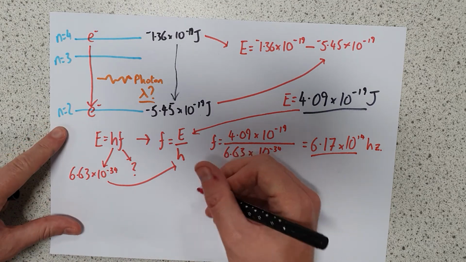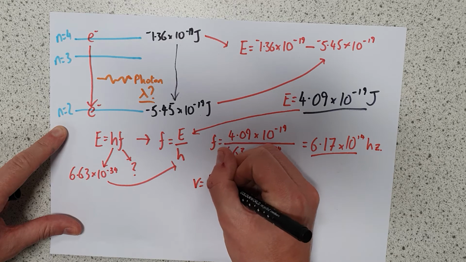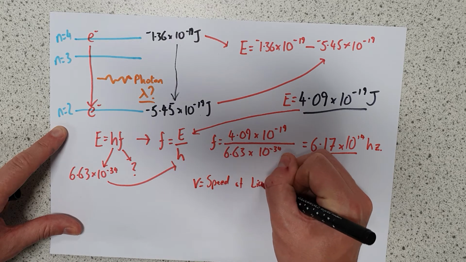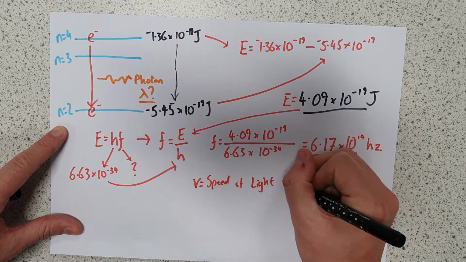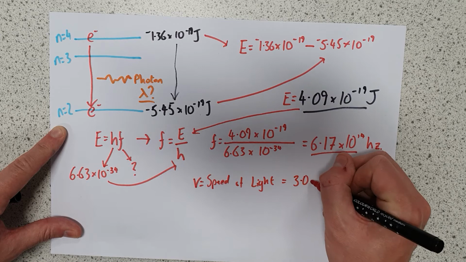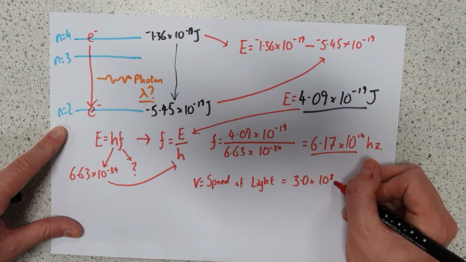Now at this point we know f, and we're going to work on the basis that this is the speed of light, because it's a light wave. For the sake of simplicity we're going to use this as 3.0 times 10 to the power of 8 meters per second. This should be given to you in the exam.